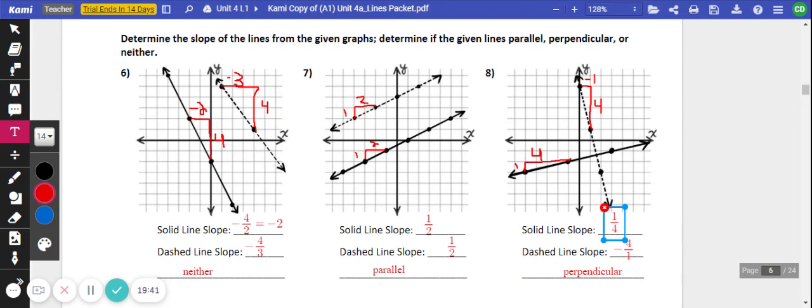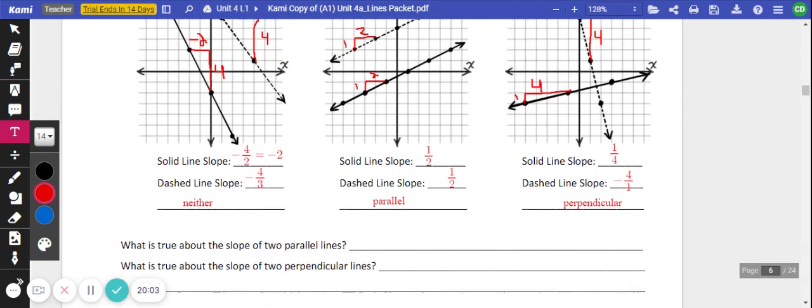So I had 1 on top here and 4 on top here. So these are going to be reciprocals of each other, where I have 4 over 1 and 1 over 4. And then I also had switched signs as well. These two are going to be meeting at a right angle, so these are going to be my perpendicular lines.